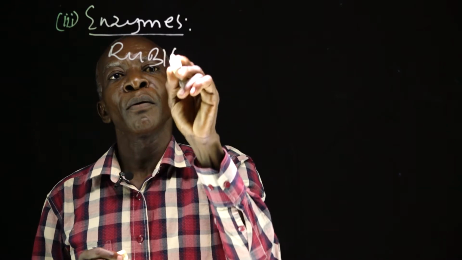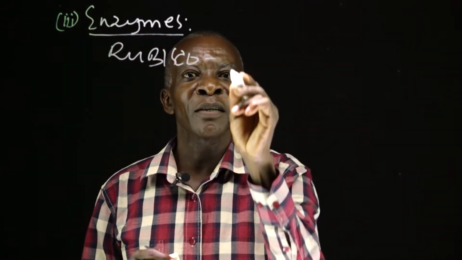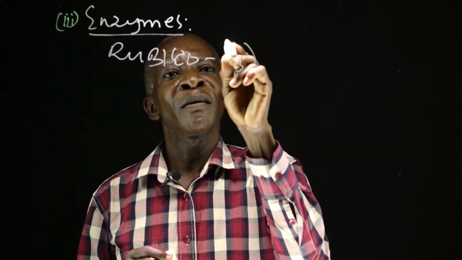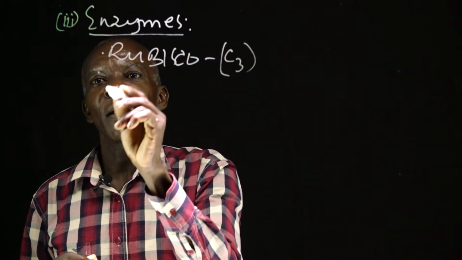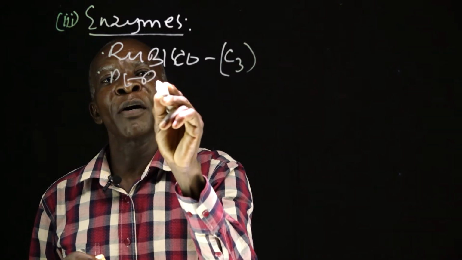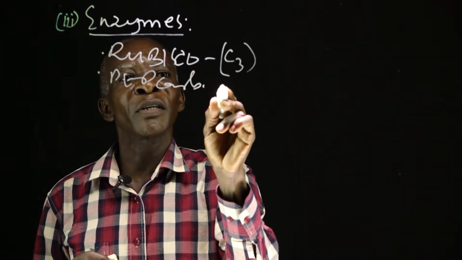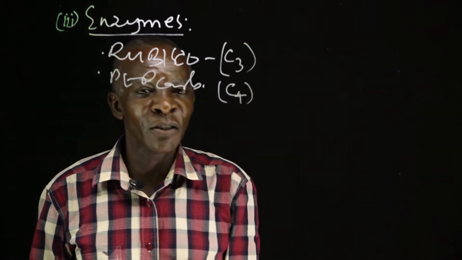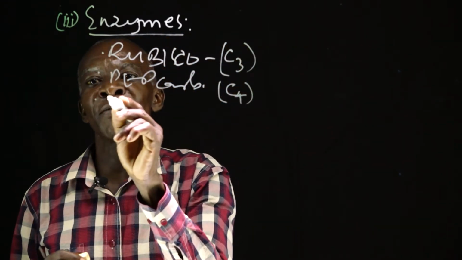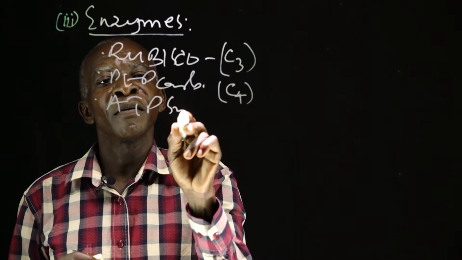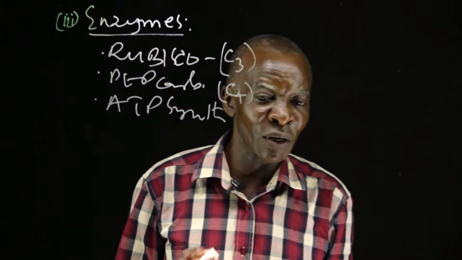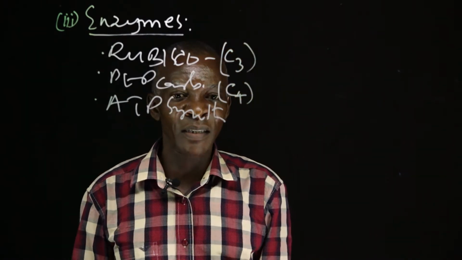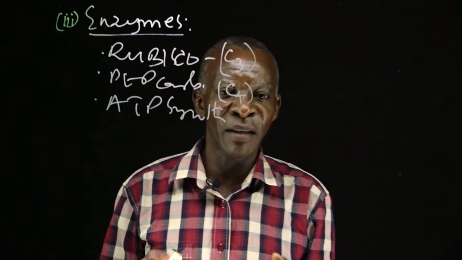We have ribulose biphosphate carboxylase of the C3 and the C4 plants. We have phosphoenol pyruvic acid carboxylase of the C4 plants only, but we also have ATP synthase, which is used to catalyze the synthesis of ATP in the light reactions.